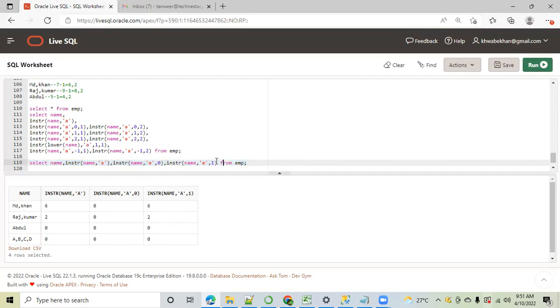Comma 2. First of all, I want a response from you guys. Why is INSTR name comma A comma 0 giving 0, while name comma A with nothing after it, name comma A comma 1, and name comma A comma 2 are giving the same value? Anyone, any idea?